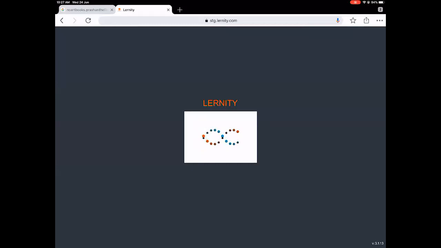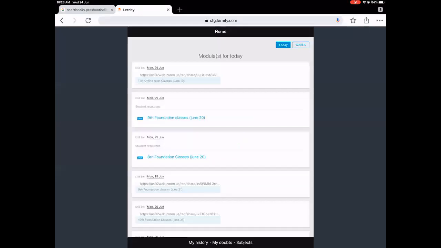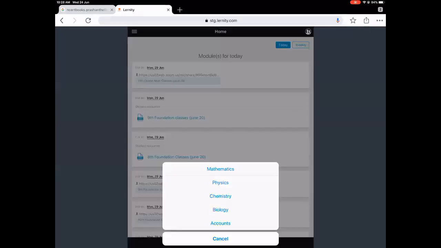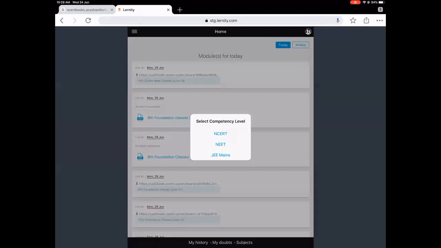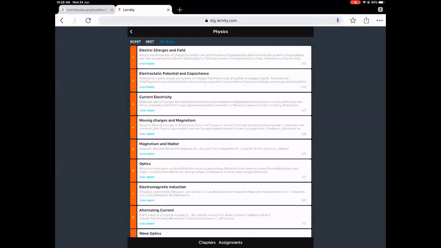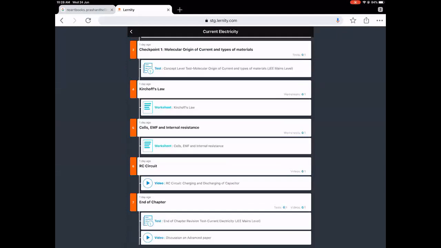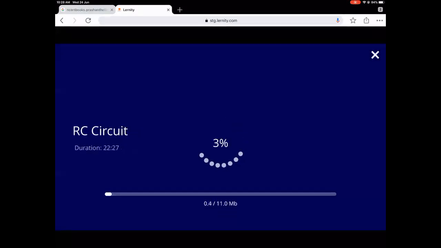After you enter your login details, please go to subject. It will come now in a minute. Go to subject, go to physics, go to JEE mains, then go to current electricity. So you have a video there, RC circuit, charging and discharging of capacitor. You click on that and you will get the video here.